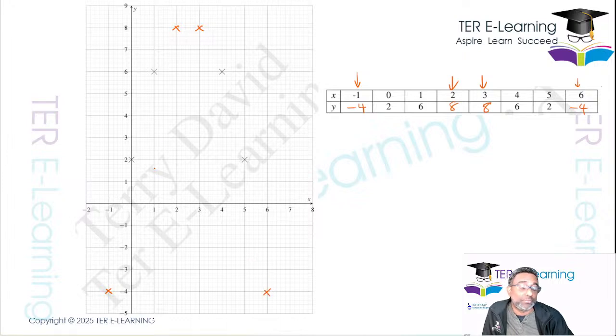Now, what we need to do is draw a smooth curve through these points. In the exam, you have to try your best to draw the best smooth curve that you possibly can. Again, this is a little hard for me to draw.